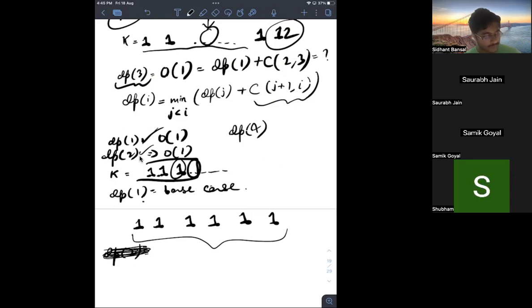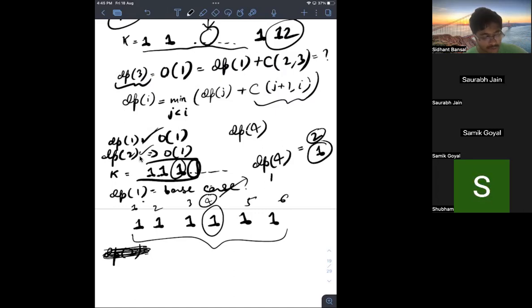What I mean is, you could think of this as index 1, index 2, index 3, index 4, index 5, index 6. You could be like, for index 4, whatever DP that is going to hold, basically DP[4], would cutting at 2 make more sense, or would cutting at 1 make more sense?